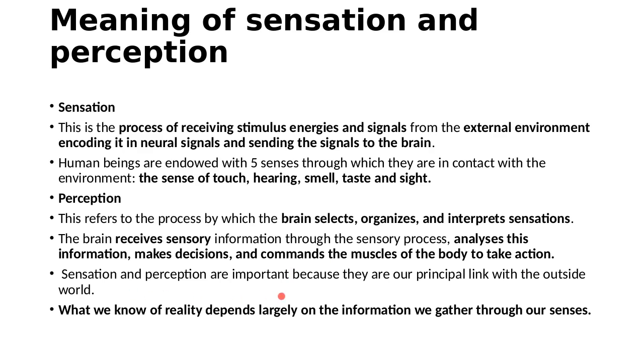Sensation and perception are important because they are our principal link to the outside world or the environment. What we know of reality depends largely on the information we gather through our senses. But remember, it's also the work of the brain to select.